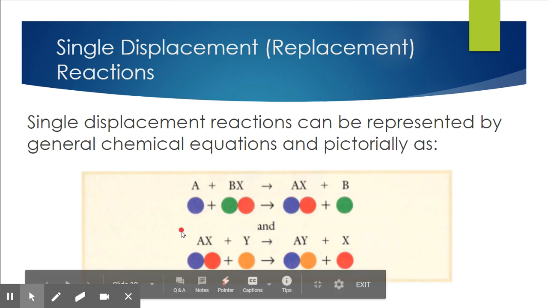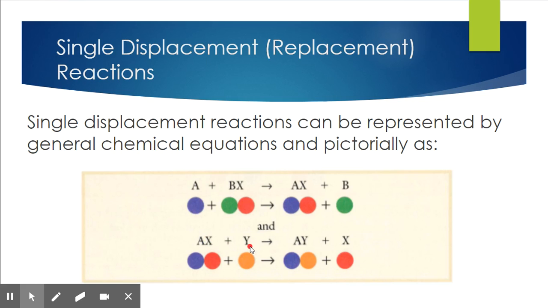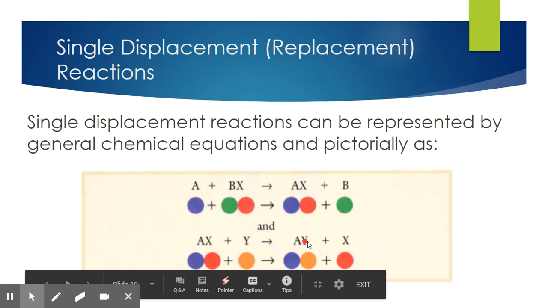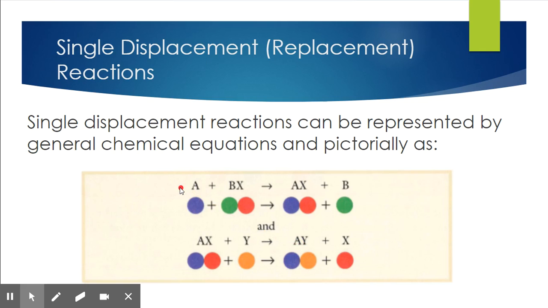side of the equation. You may also have a situation where you have a metal and two nonmetals. Okay, and then of course the nonmetals switch places with each other to form a new compound. Remember that about single displacement and double displacement actually.